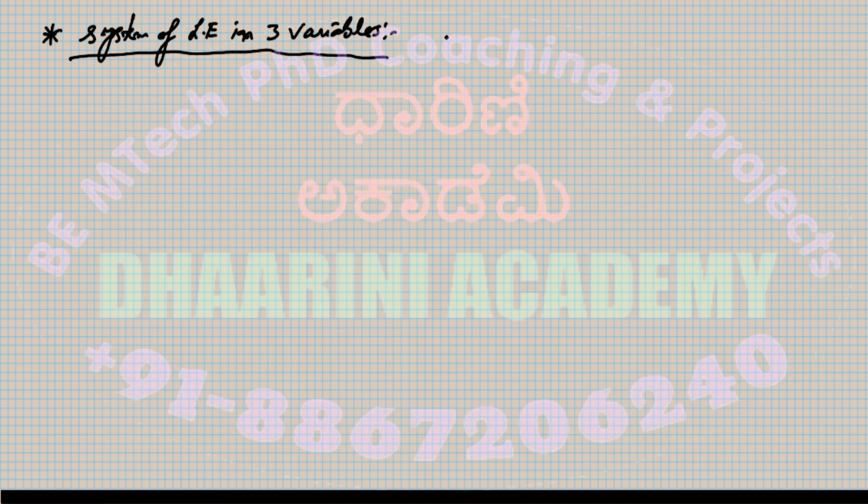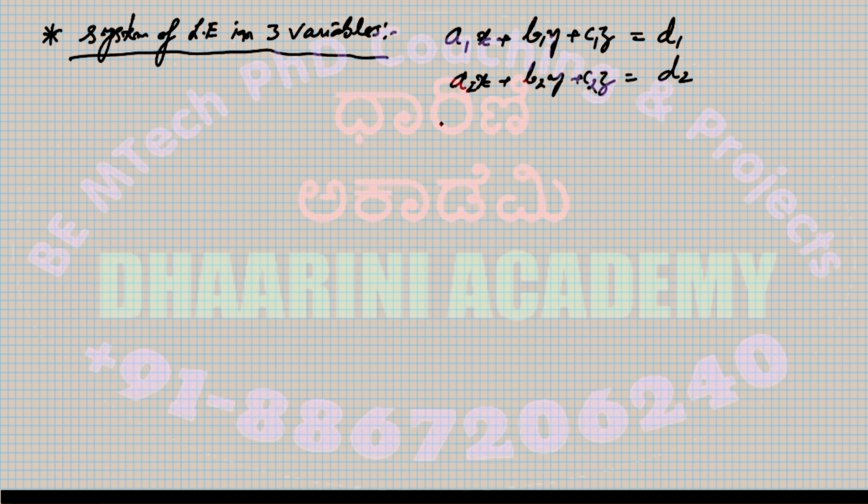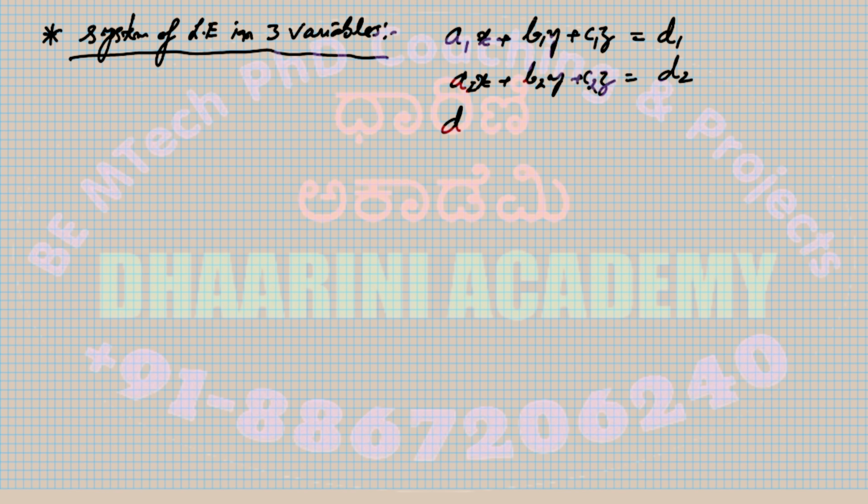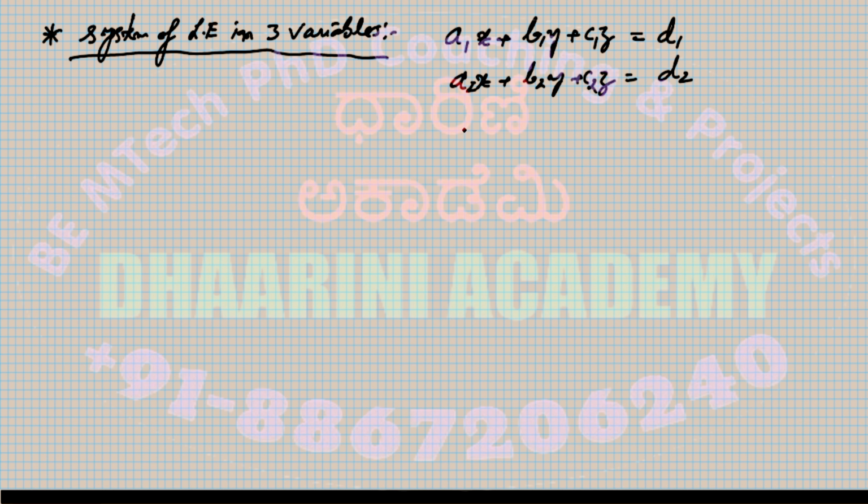Let us try to write the equations in the following fashion: a1x plus b1y plus c1z equal to, say, d1; a2x plus b2y plus c2z equal to, say, d2; then a3x plus b3y plus c3z equal to, say, d3.